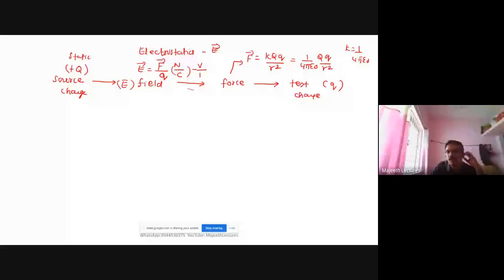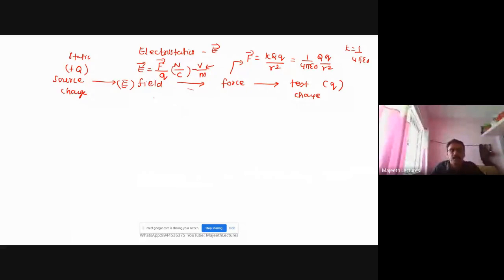The unit of force is Newton, so the electric field is Newton per coulomb. But we don't use that. The main unit we use is volt per meter. How it has become volt per meter, let me tell you later. So the unit of electric field is volt per meter. In EMF, the units are very, very important.